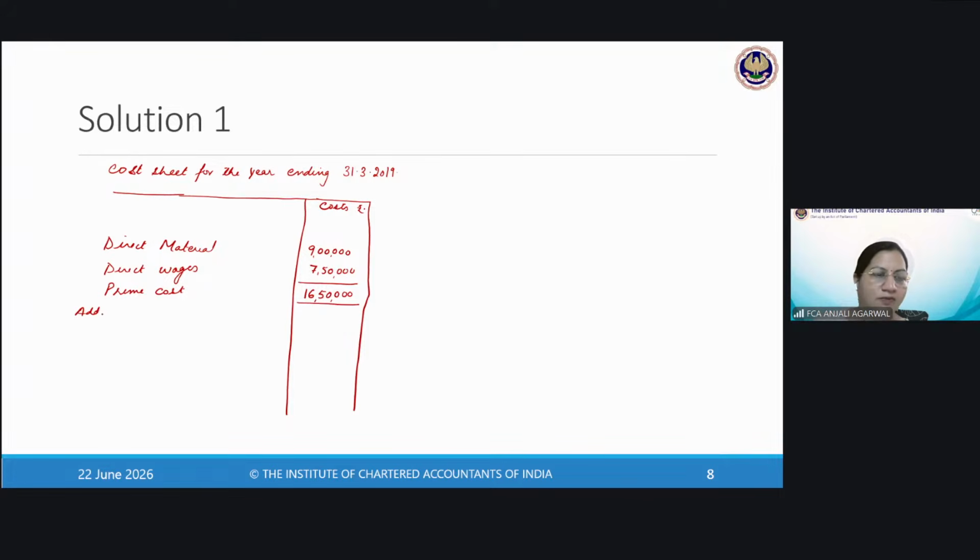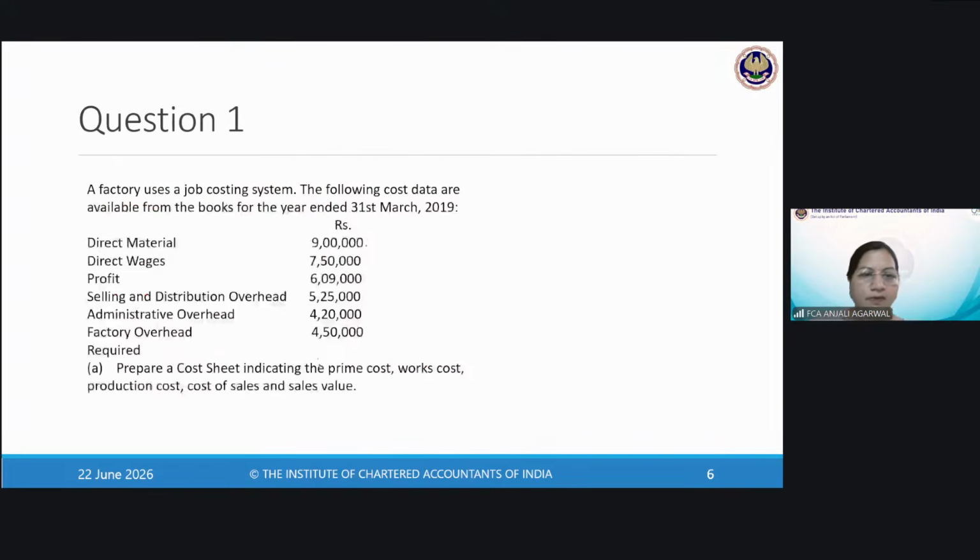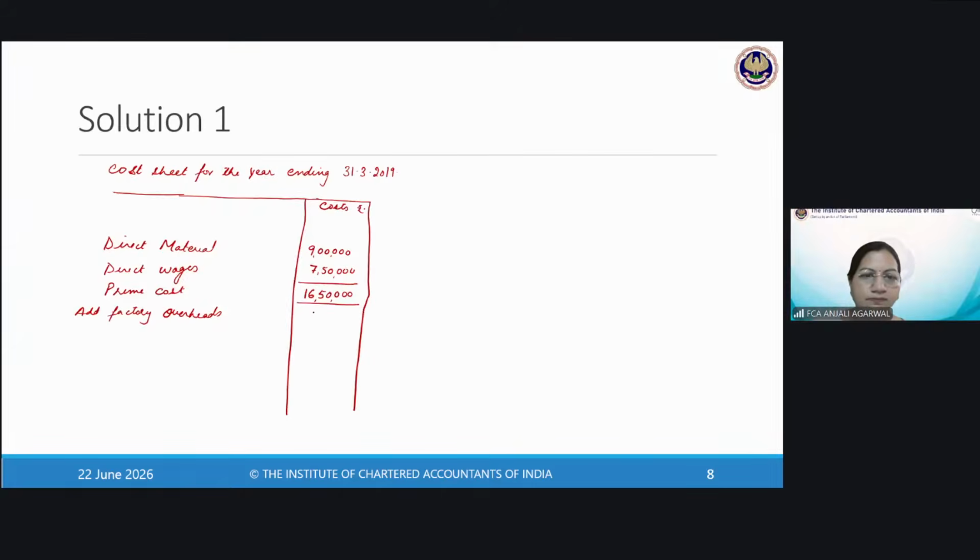Add factory overheads now. Factory overheads are 4,50,000. You end up getting your factory cost or works cost. As the question is specifically saying calculate works cost, you will name it works cost. So 16,50,000 plus 4,50,000, 21 lakh becomes your works cost.